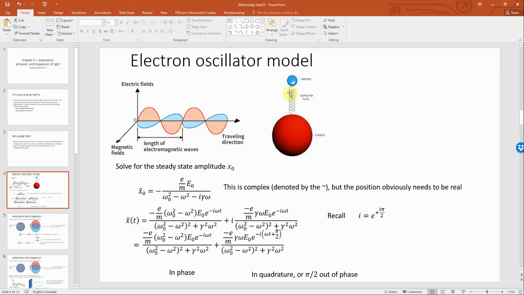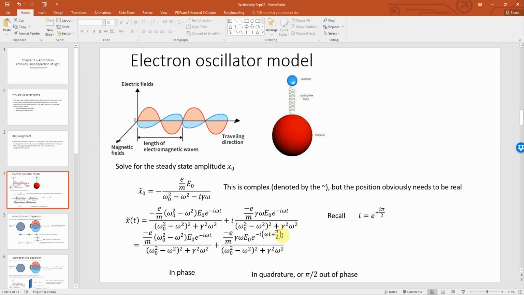So this x of t, as it's oscillating as a function of time, has a part that oscillates in phase, in phase with the driving field, which is e to the minus i omega t. So this thing oscillates with the same phase as this field. But then this right-hand term ends up having this e to the i pi by 2, and that causes this thing to oscillate pi by 2 out of phase.